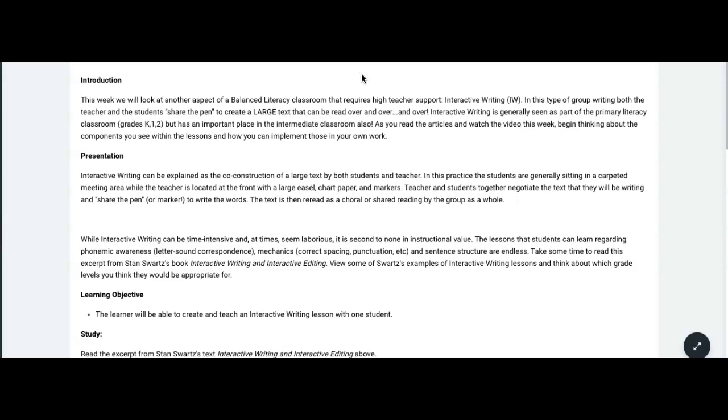It's important to remember that the teacher and children are sharing the pen. If the student is unaware of a letter, then the teacher just provides it on the interactive writing chart.